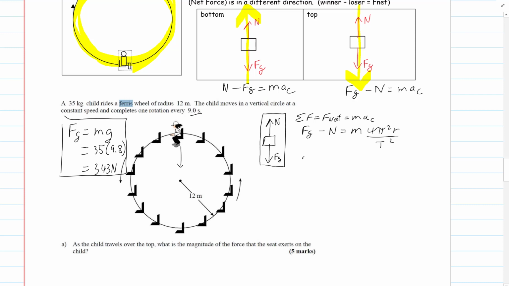Its force of gravity is 343 minus the normal. I'll put that in a different color because that's what we're asked to calculate. It is equal to the mass of the child, 35 kilograms, times 4 pi squared, the radius is 12, all over 9 seconds squared.